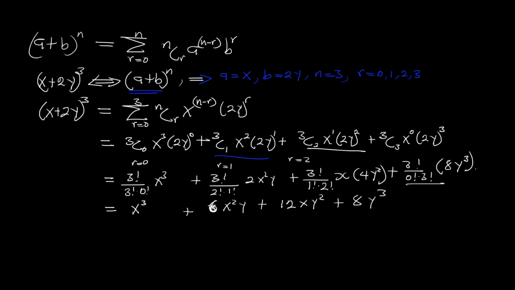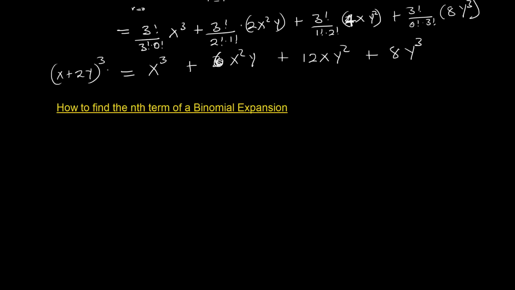So this is the expansion of the polynomial x plus 2y raised to the power 3. We have the binomial coefficients: we have 8, we have 12, 6, and 1.